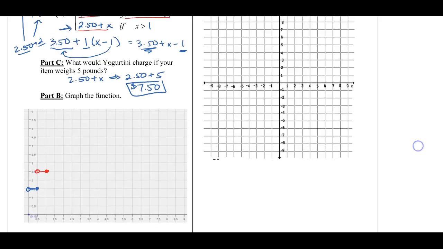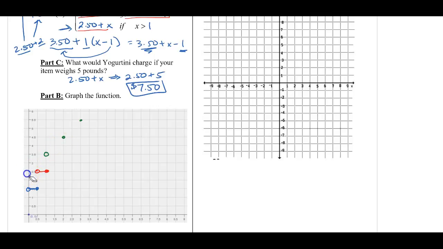So what we're going to do, I'm going to use another color just so we can see what's going on. We're going to start our graph at $2.50, up a pound, over a pound, up, over, and we get this line connecting those green dots. Now, we don't start counting that green line until 1 pound, which is at this point here, which should be an open circle.